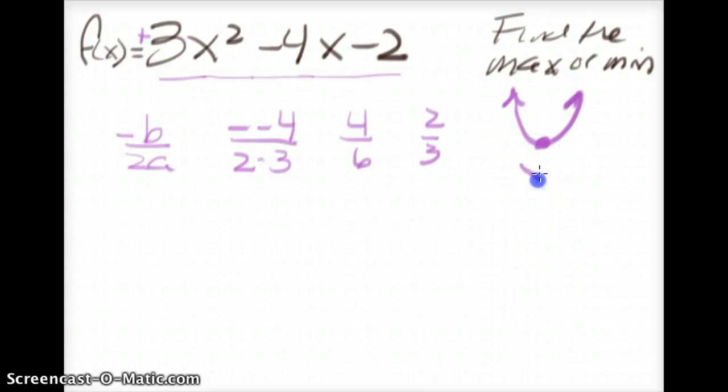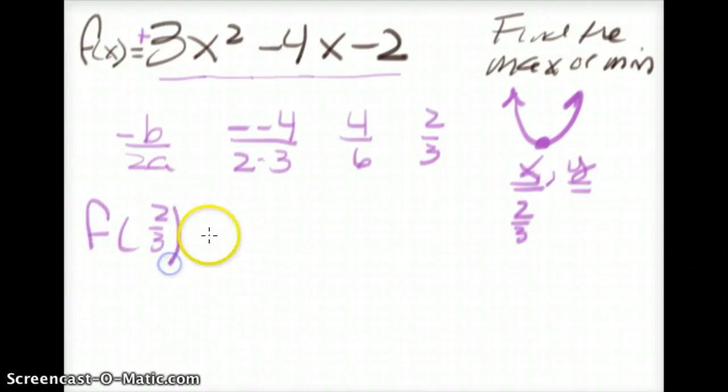Now, I have an x and I have a y where that happens. The domain value is the x. The actual minimum is the y, because it's the function. And what we need to do is, we know the x is 2/3. We're going to have to find the y. And the way to do that is to put the x value in for the function and then determine the y.